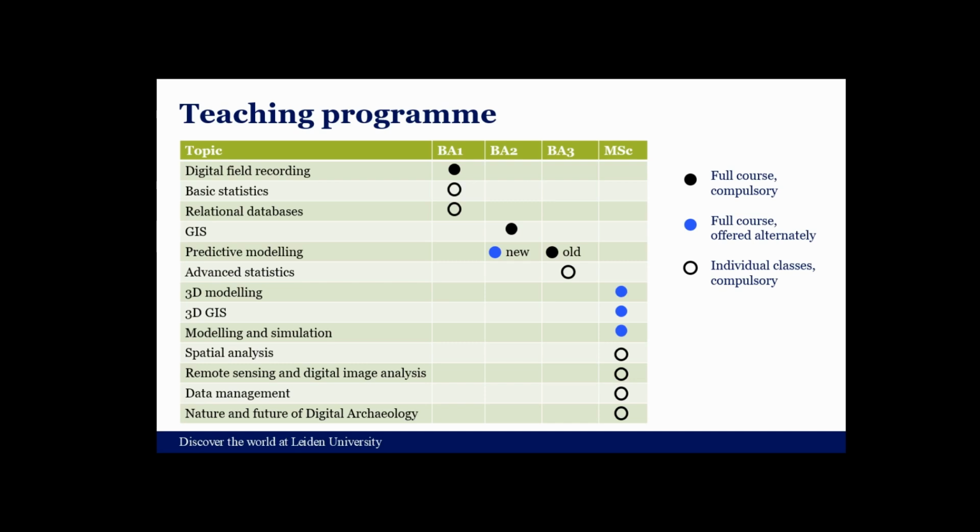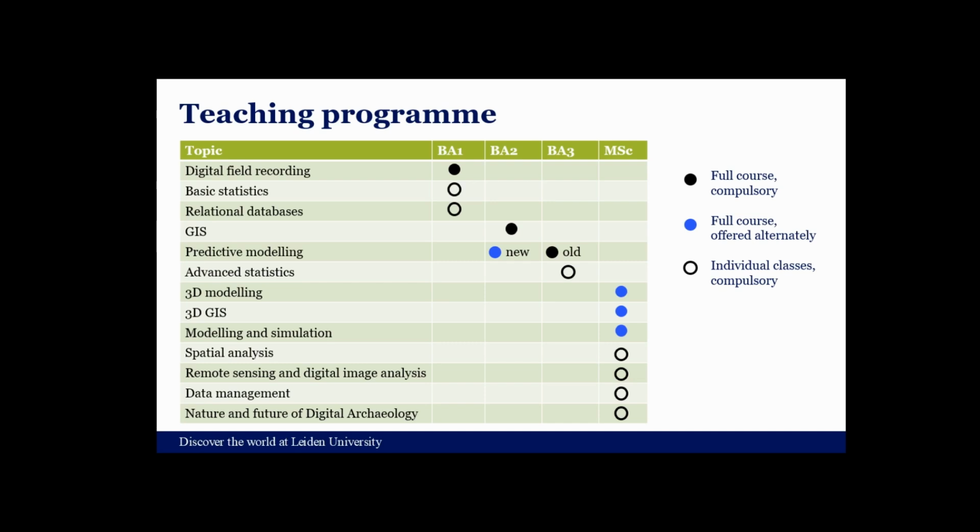This will now be changed from a compulsory course in the third year to an optional course in the second year, because we got a number of complaints from students that this topic is not relevant for everyone. Not everyone works on a landscape scale or in this context. So we will now offer it as a small course for people interested in this subject. Instead, there will be some classes on more advanced statistics in the new program.